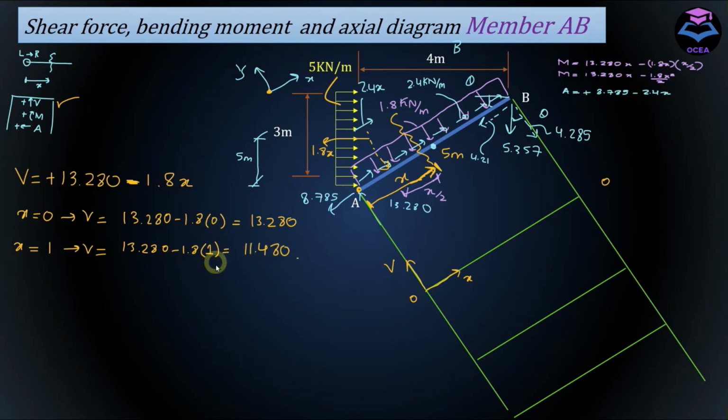Now it's entirely up to you what interval you take. In this case I'm going to take a 1 meter interval between the calculated shear forces. So the next x values would be 2, and then 3, 4 and 5.